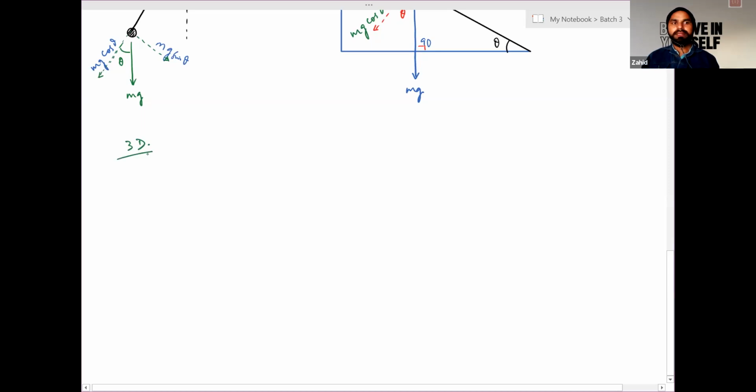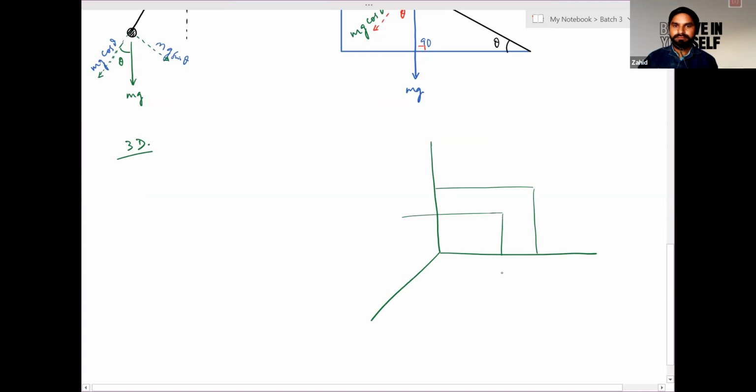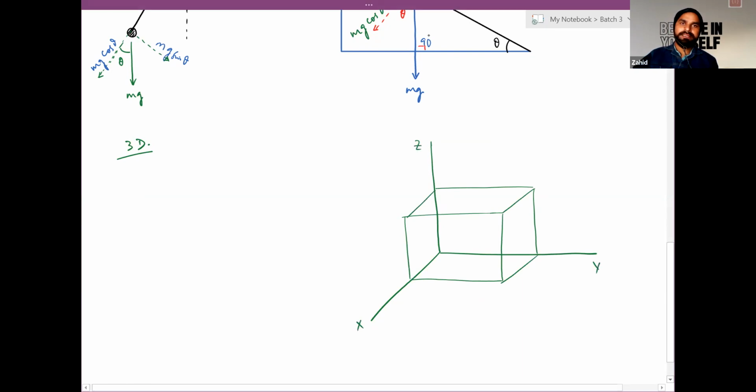Similarly, we may split in 3 dimensions. Suppose we have this as the x-axis, y-axis, and z-axis.